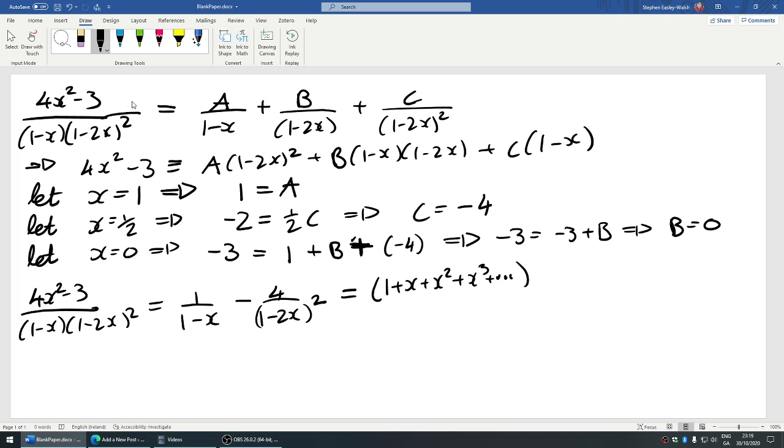This would be minus 4, and it'll be the same as (2x minus 1) squared. So really our job is just to get the series for this one.